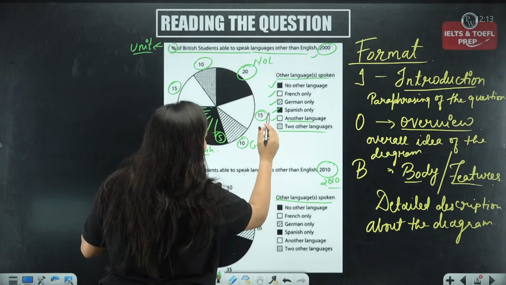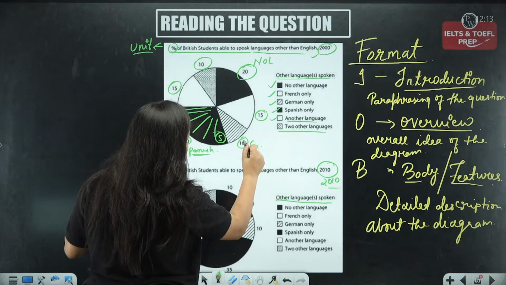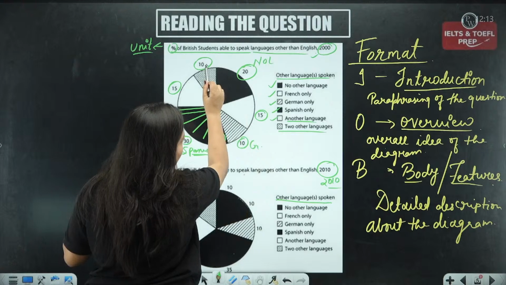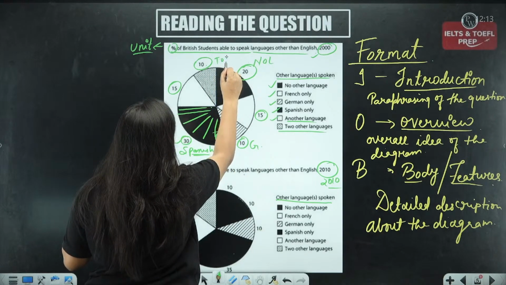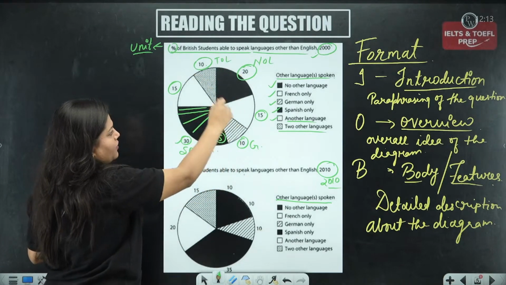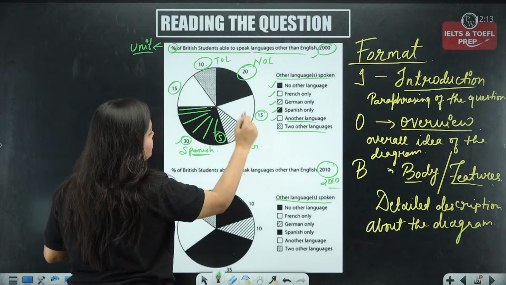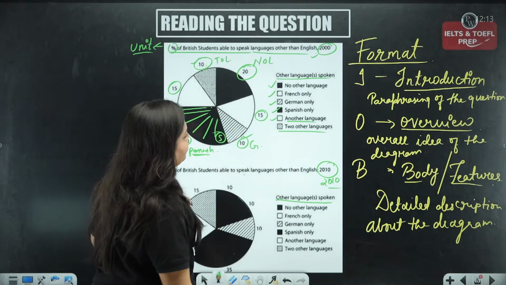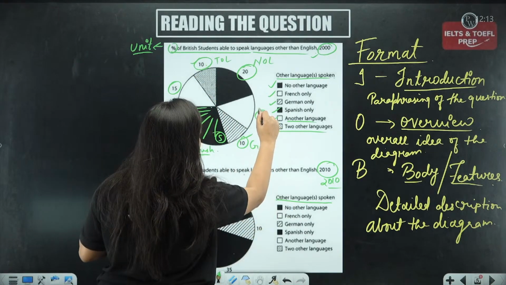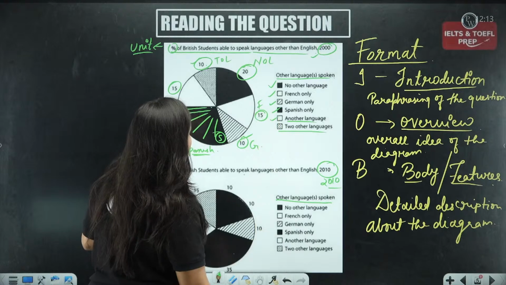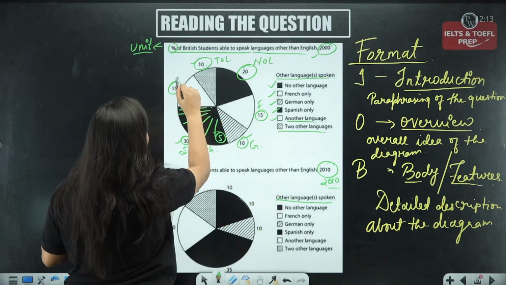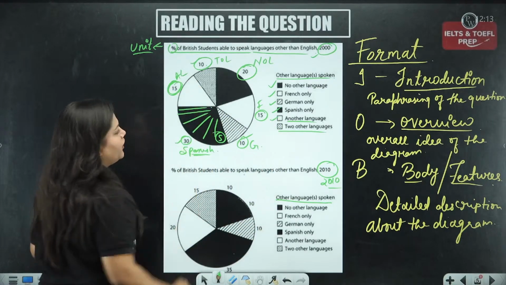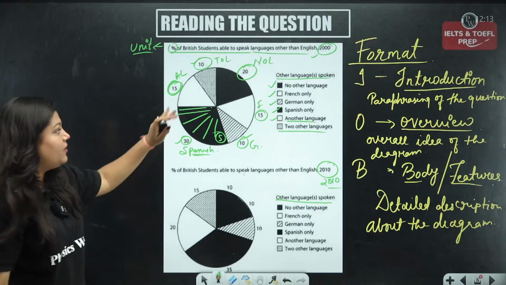Again, if I go ahead, we can see German and two other languages are on the same level, which is 10% and 10%. If I talk about French only, it is 15%, and other languages is also at 15%. Okay, this is what the pie chart is.